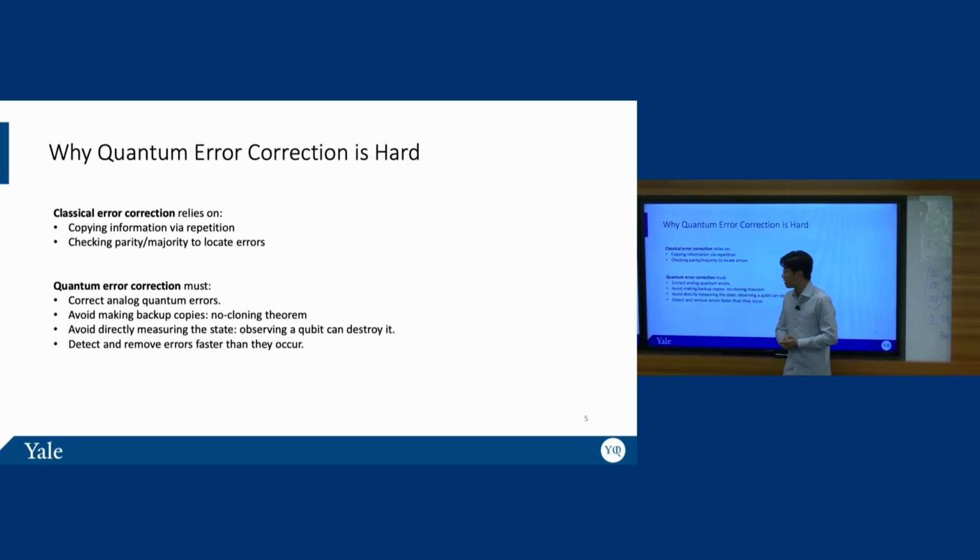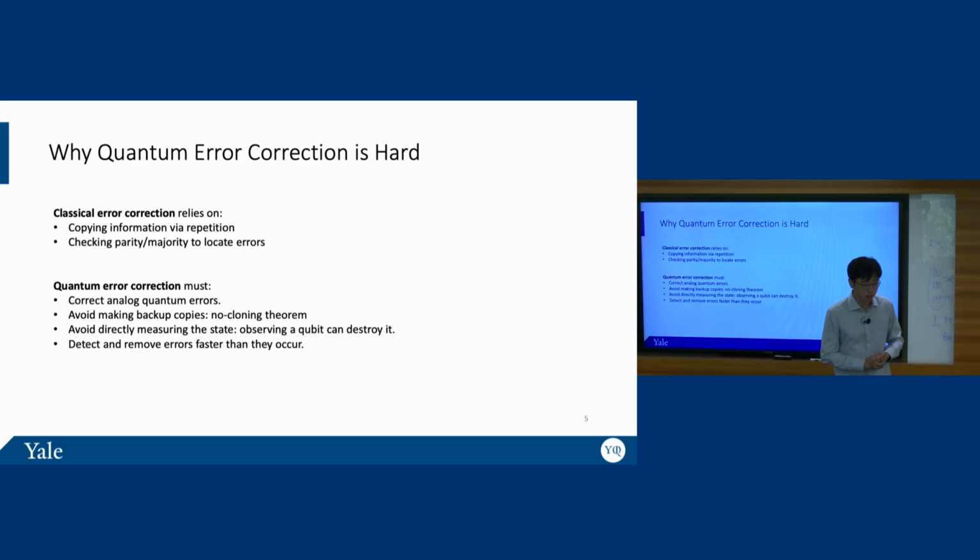And second, you cannot make backup copies of a quantum state because of the no-cloning theorem. Directly looking at the state by measuring it actually destroys it, collapsing the quantum state. So if you really want to do computation on it, you want to learn about the error, not about the state.